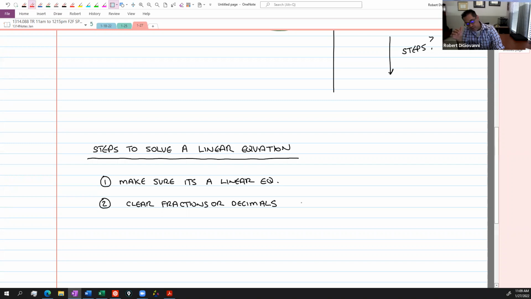To do this step, what we're most likely going to do is multiply or divide both sides of the equation by some number.